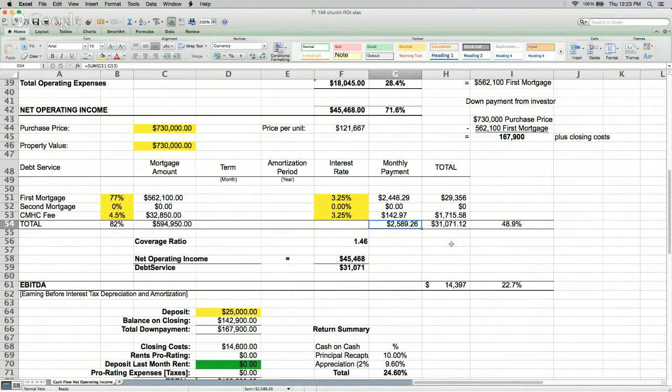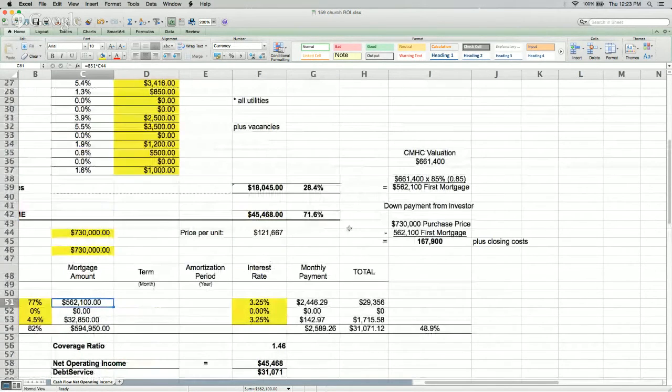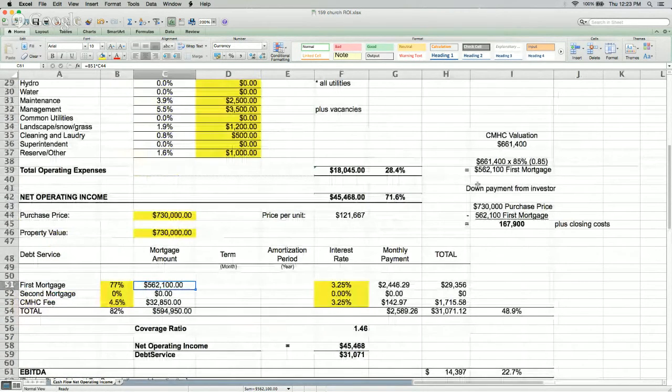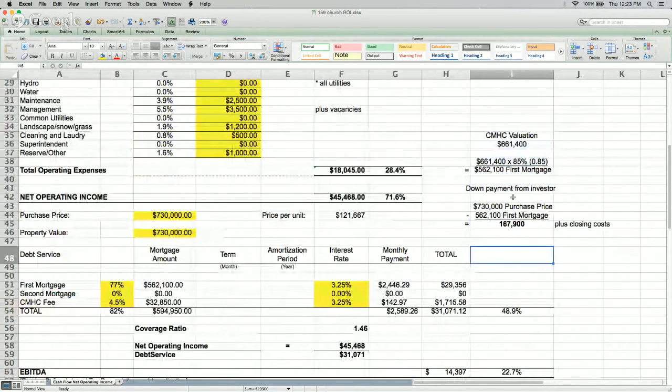Okay, so I just want to spend a little time and help you understand how we arrived at this number, because it's important. Okay, let's just move up here. So what happens? Keep your eyes locked here, and we'll cover these numbers in a second. What happens when we evaluate a property is we send it off to the commercial broker.